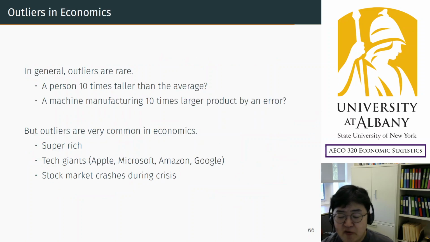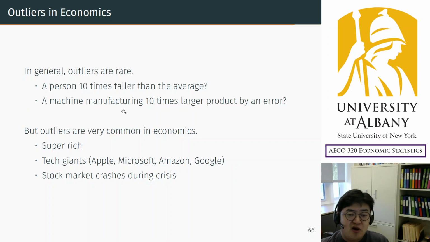And this is particularly important in economics, right? In general, outliers are rare in natural science. For example, think about the distribution of height, or the distribution of weight, right? I've never seen a person who is twice as tall as me. Such a person cannot exist.